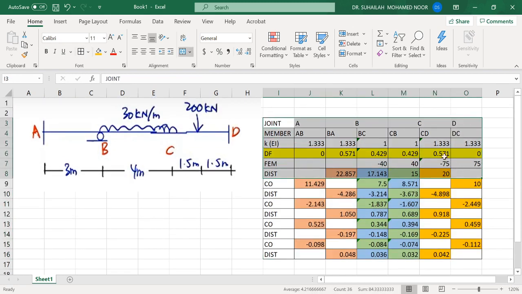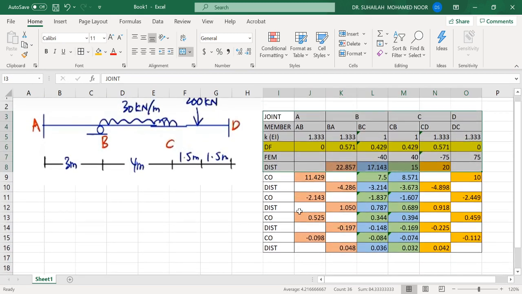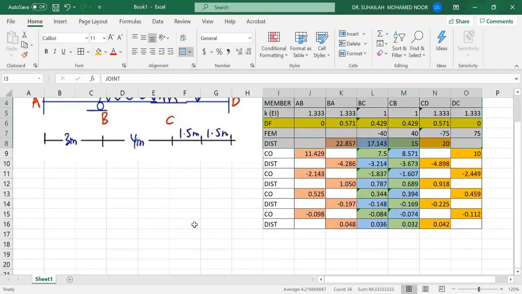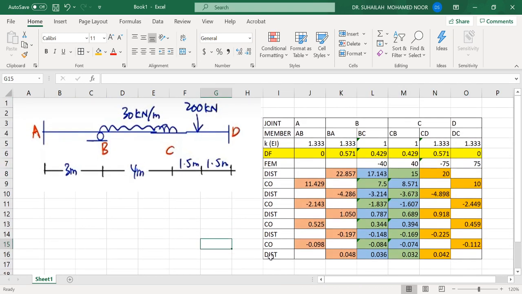After this, what next? So the last is distribution, and the last value must be the value reaching 0. The last one is the total moment. This is the member and moment for each member.